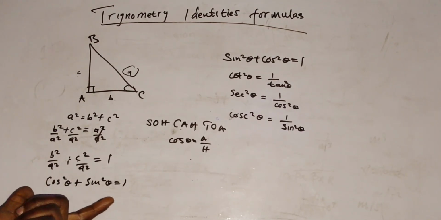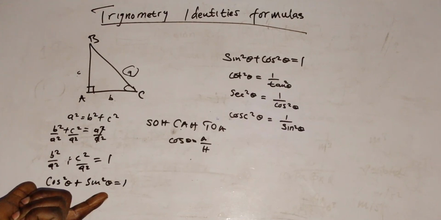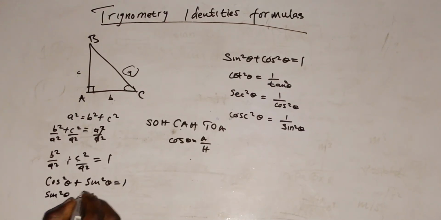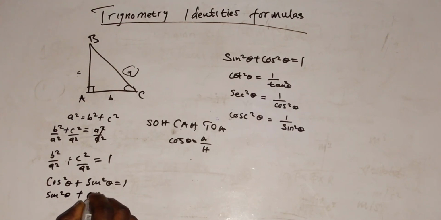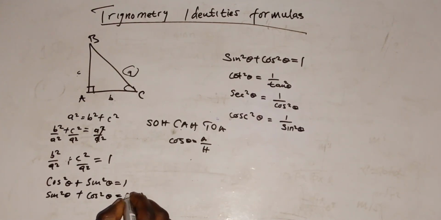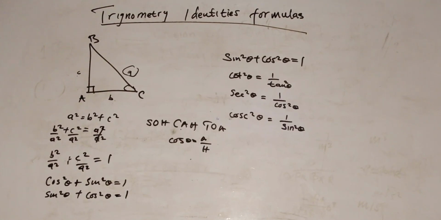You can write this equation either way, by starting with sine squared theta plus cos squared theta equals 1. Okay, I guess you're following what I'm doing here.